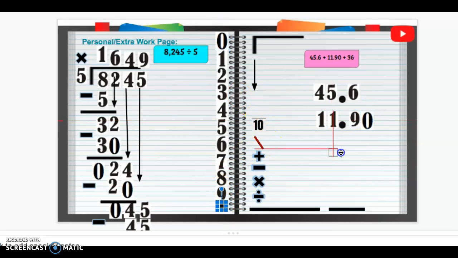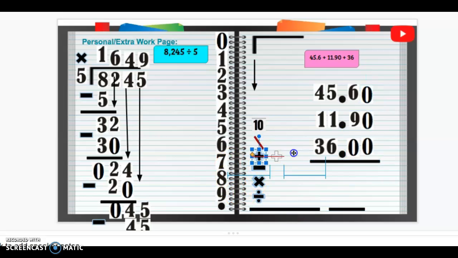And then I put my decimal point. 36 being a whole number, I know it goes in front of the decimal, so I put my 6, and then my 3, then you could put zeros as placeholders behind the decimal point. And also to help you out, I would put a 0 next to the 6 so you stay in the right place value.